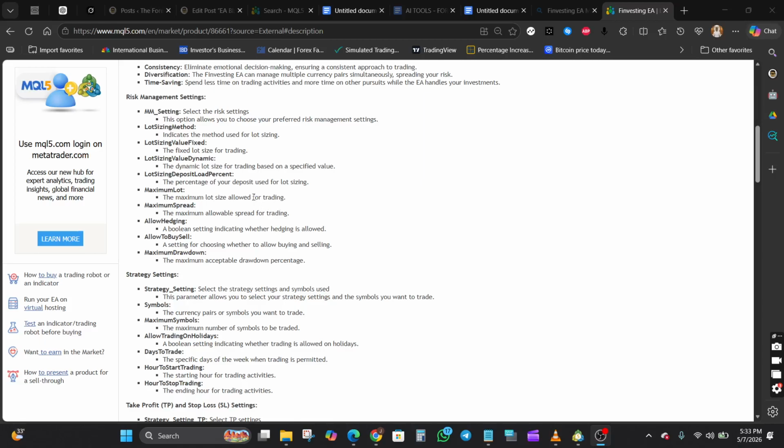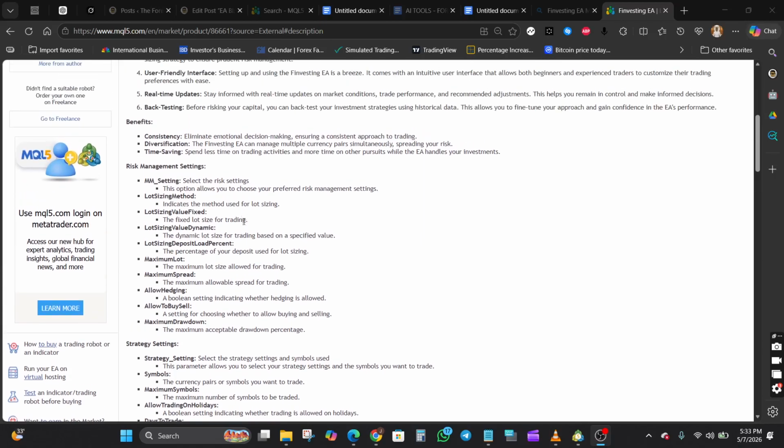behavior. So looking deeper into the features, the risk management side is actually more advanced than many retail EAs, right? You've got multiple lot sizing methods, including fixed lots, dynamic lots, and deposit load based sizing.